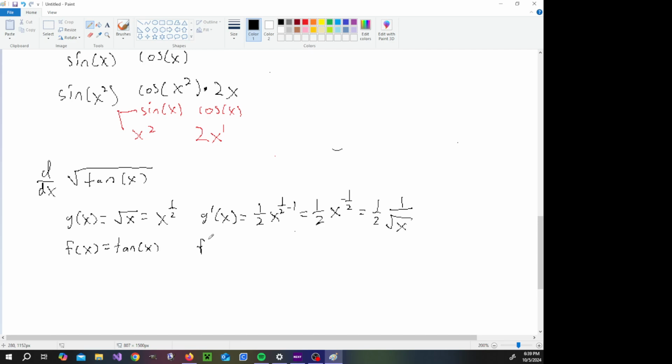Well, now the derivative of tangent from our trig function gives us secant squared of x. So now plug those back into what we have up top. G prime is 1/2 times 1 over the square root of the original inside. Well, the original inside was tangent, times the derivative of the inside, secant squared.